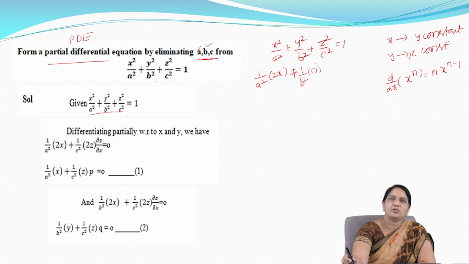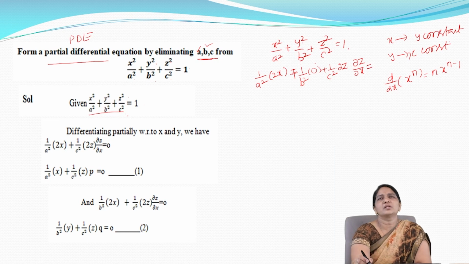When I am doing with respect to x, y is a constant, so this is 0. Plus 1 by c square is a constant. I am going to do it for z square. The derivative of z square is 2 into z, into dou z by dou x. Here the derivative of a constant is 0.